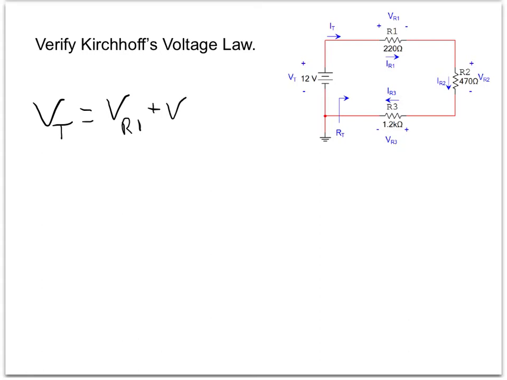Sorry, I said current. Let me start over. The total volts is going to equal the volts across each component. We have 3 components here. So we can see the total is supposed to be 12.